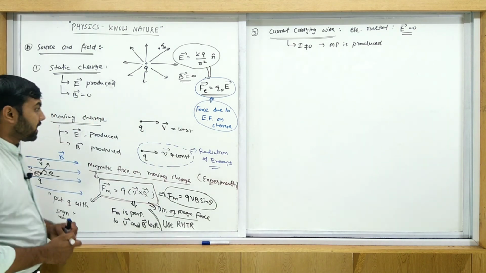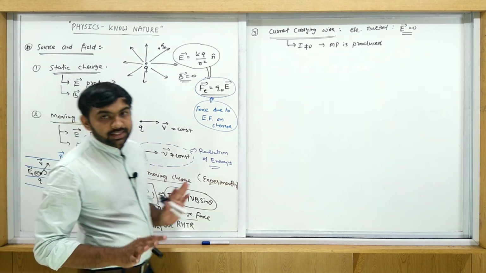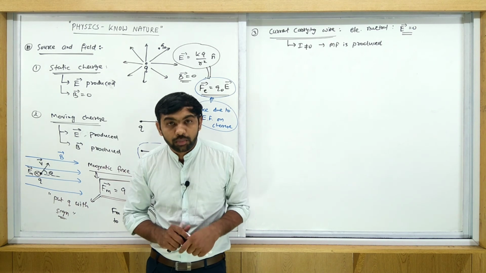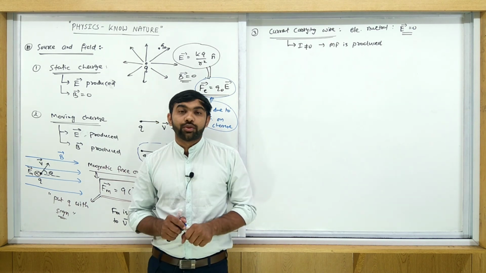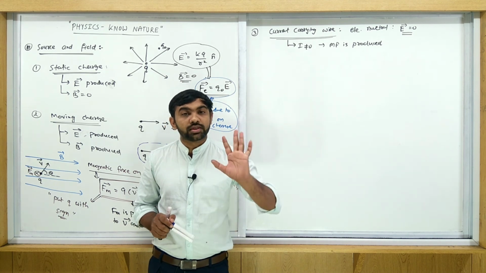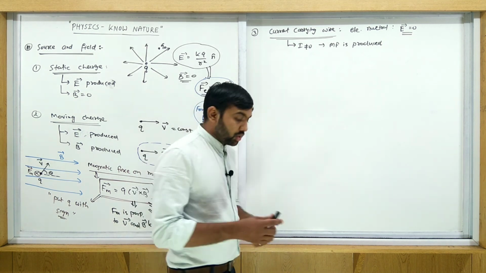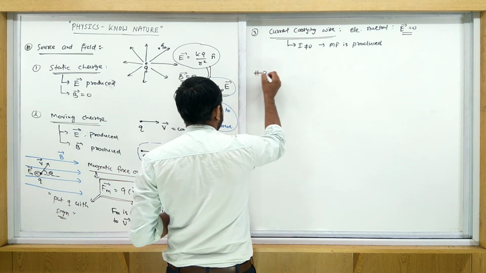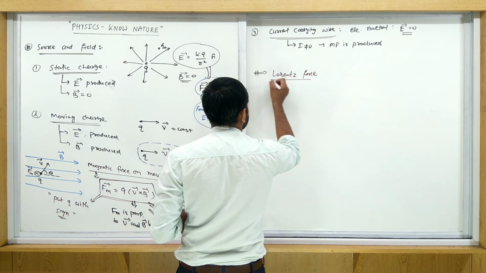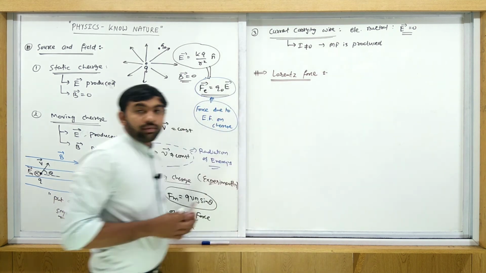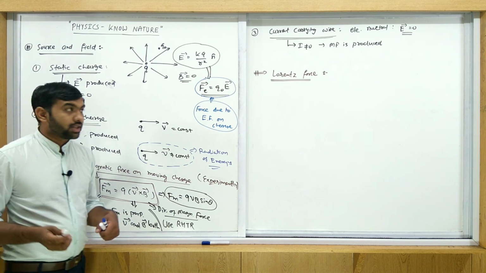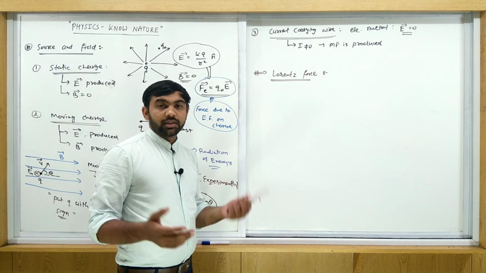So in this way, if any charge Q is given to you which is moving inside an electric field and magnetic field both, then both forces are applied on this charge. And the net force on this charge is given by the Lorentz force. So let's write another equation. Lorentz force. This result was found by Lorentz experimentally, based on the work of Ampere and other physicists.